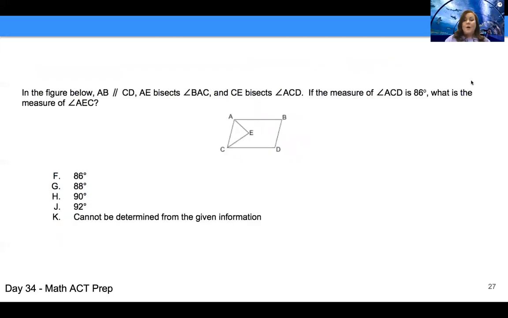Here we've got one. AB is parallel to CD, and I put my marks in all the time. Angle BAC is bisected by AE, so that means these two will be congruent. And then CE also bisects ACD. Okay, I've got 2 congruent ones here.